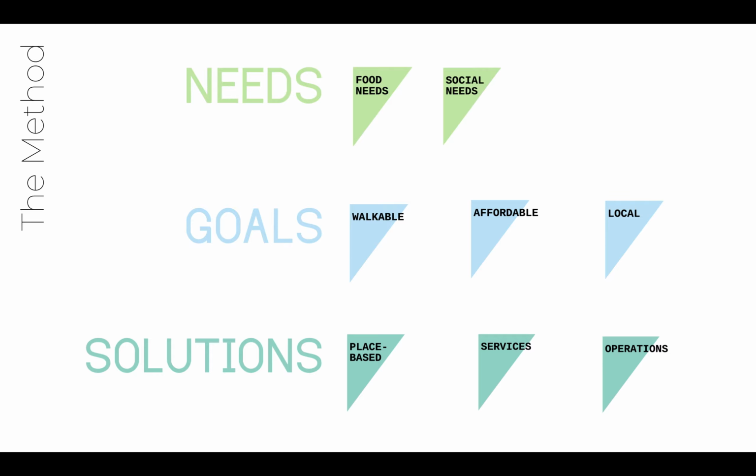So this is the method overall, 3 parts: needs, then goals to find solutions. The needs part is really an assessment of existing conditions, both for food and for the social makeup of that community.